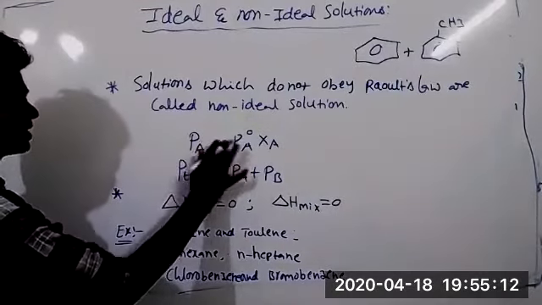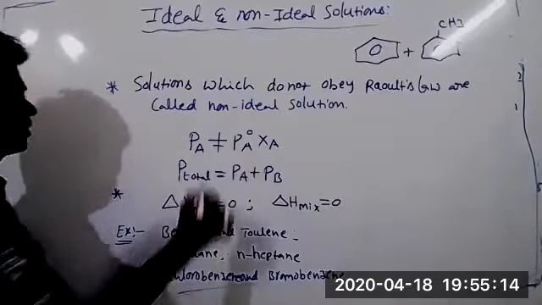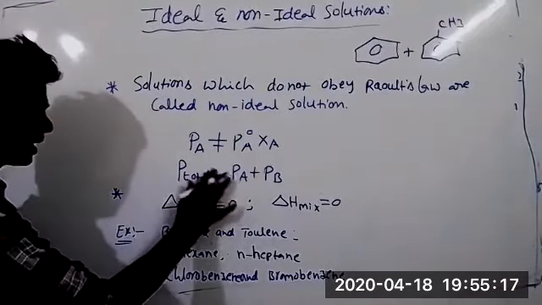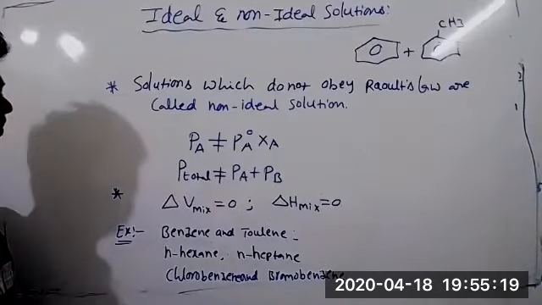See, for non-ideal solution, PA not equal to PA power 0 and XA, P total also not equal to PA plus PB.